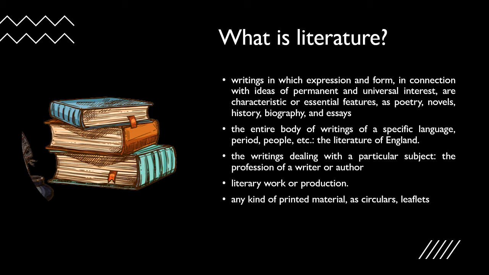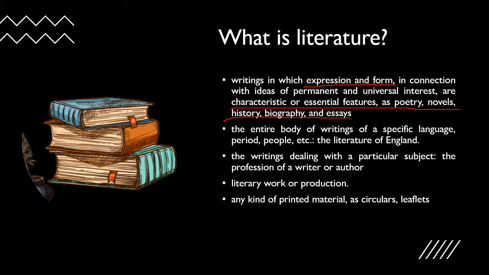So what is literature? Literature is writings in which expression and form, in connection with ideas of permanent and universal interest, are characteristic or essential features, such as poetry, novels, history, biography, and essays. So it is our form of expression in different ways or styles, that has certain characteristics or features, for example novels or poetry.